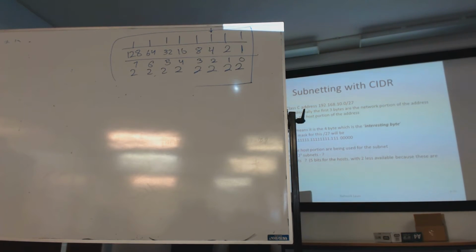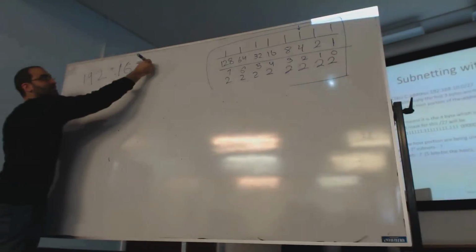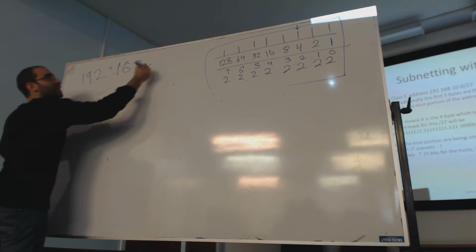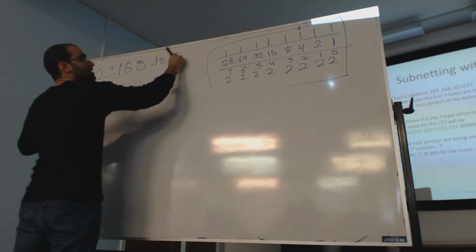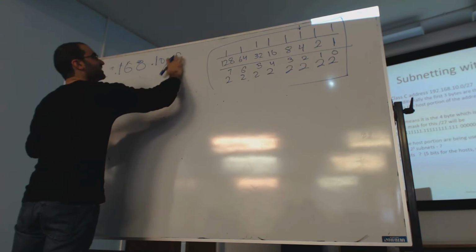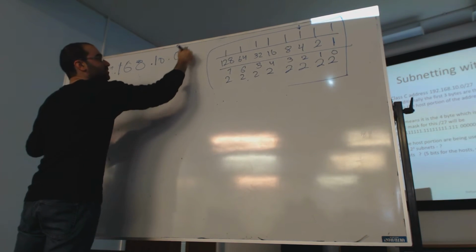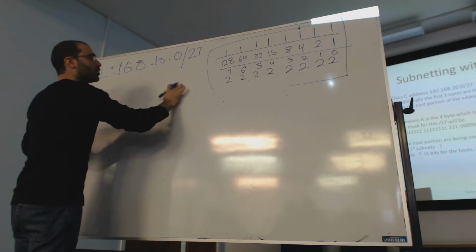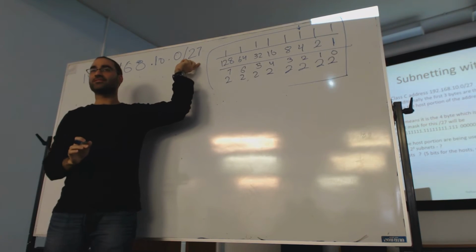Can you all see this? That's 129.168.10.0 masked by 27. What did we say this number is?